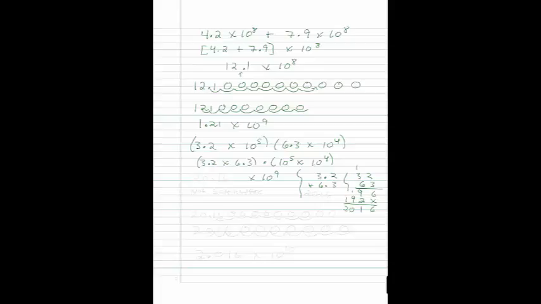With two decimal places, that gives us 20.16. So we have 20.16 times 10 to the 9th.